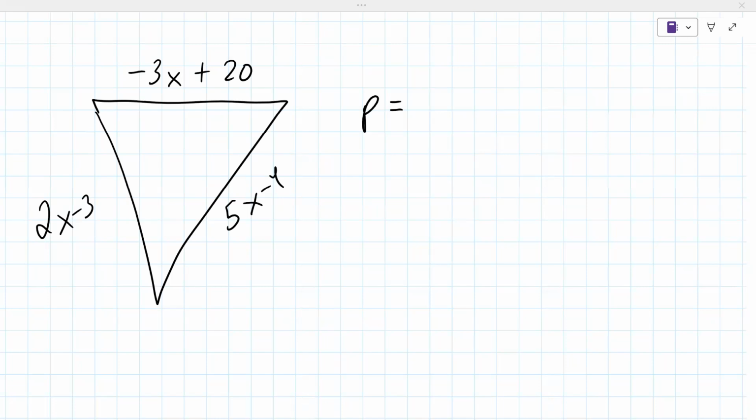Would it be 10x minus, I mean, wait, plus 13? Okay, you said 10x. I'm going to write it out here. It's 2x minus 3 minus 3x plus 20 plus 5x minus 4.